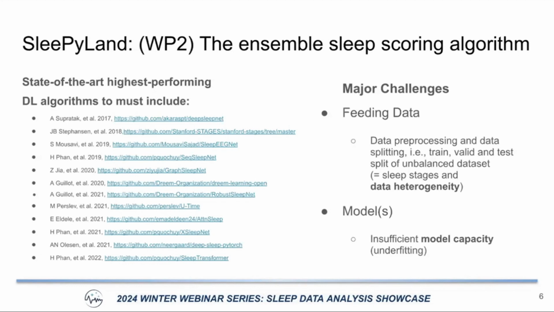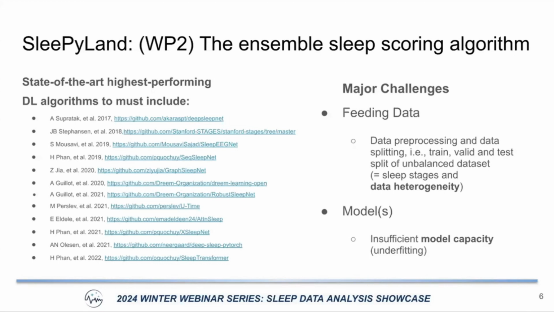So we have to think of some methodologies on how to split the data into train, valid, and test sets, not only considering the sleep stages, because we know that we have imbalanced data sets, but even considering the heterogeneity that we're going to have in these different sets of data, and how this heterogeneity is going to have an impact on all these algorithms.